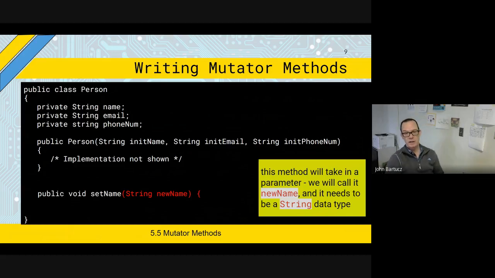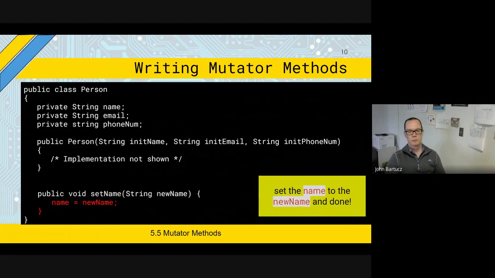Then you have to send it the new name. So this is how you declare a setter or a mutator. Public, so anyone can use it. Void, you don't get anything back. Set, the variable name, and then whatever you want to set that variable to. And then you just set it.